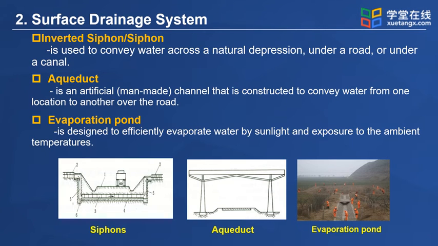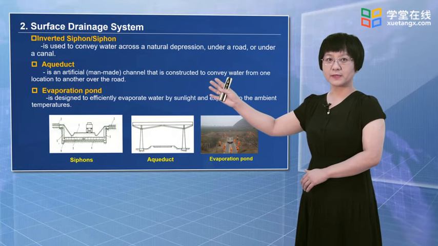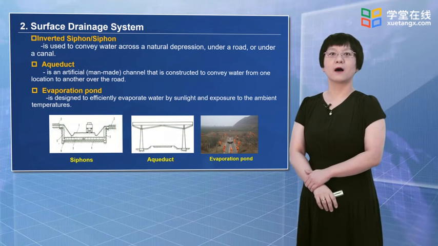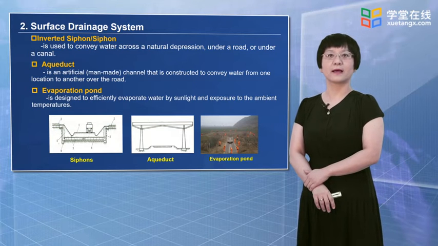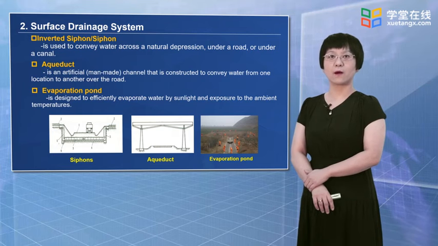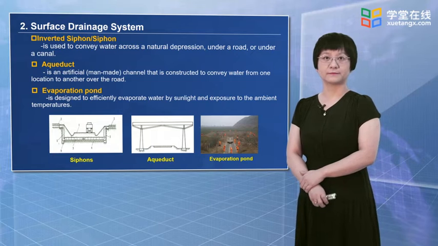In areas with arid climates where drainage is difficult, we use evaporation ponds. Evaporation pond is a pond with very large surface areas that are designed to efficiently evaporate water by sunlight and exposure to the ambient temperature.